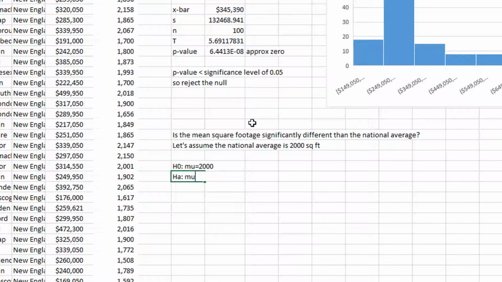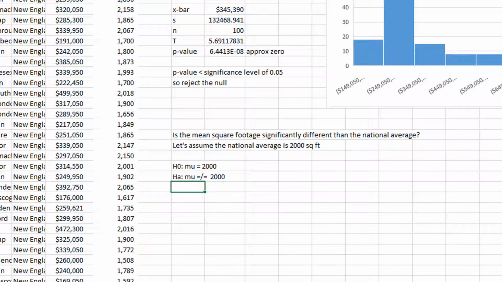Now I'm going to be a little bit lazy. You want to use the proper not equal sign when you do this, but for here I'm going to just use this. I'm going to write it like that.